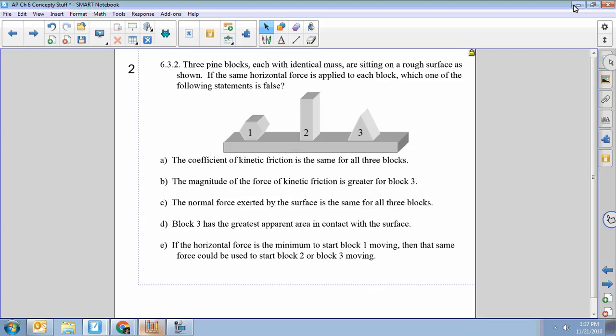Really, the only reason you need this is because your normal force is going to be equal to that. And the only reason you need your normal force is because that's what determines your friction. Once you've got your force of friction, you'll never use these two again. Does that help? That makes it a lot clearer.